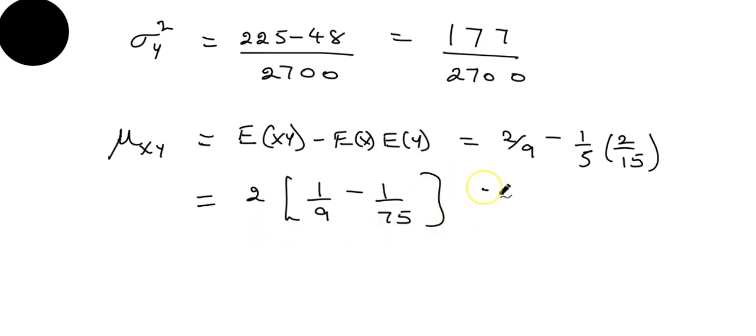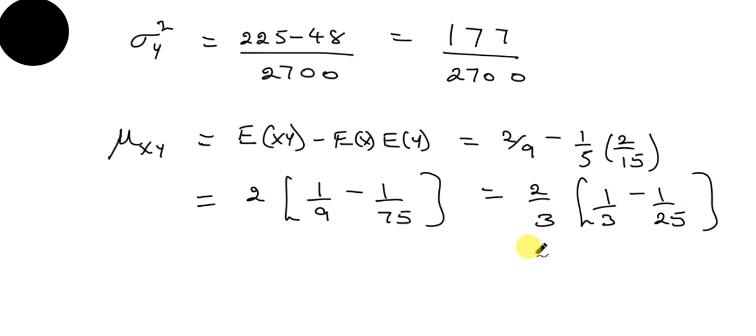So 3 is common over here. It is 2 by 3 into 1 by 3 minus 1 by 25. Resolve this. 25 minus 3 is 22 into 2 is 44 divided by, I will have 9 into 75. My 9 into 75 is 9 5s are 45, 5, carry over, I will have a 4. 7 9s are 63 plus 4.